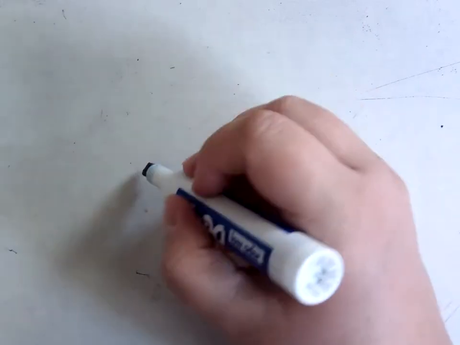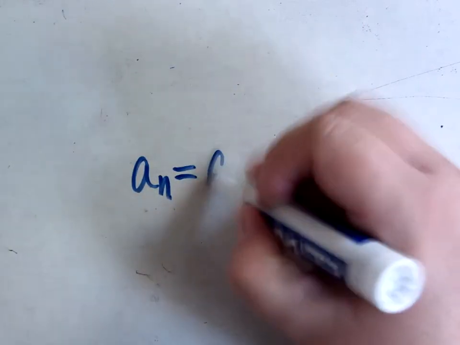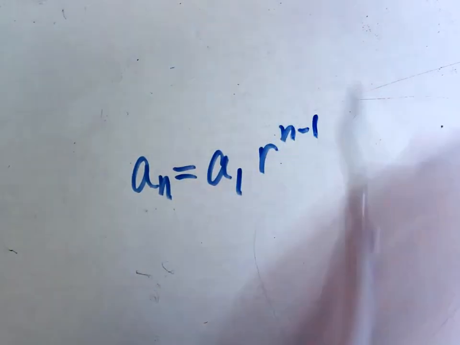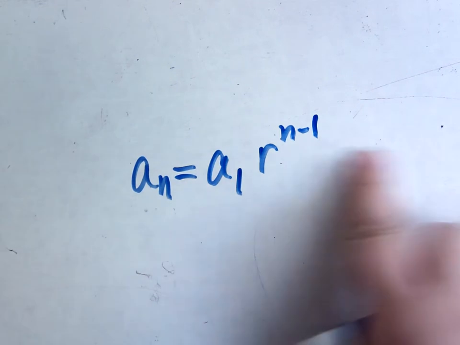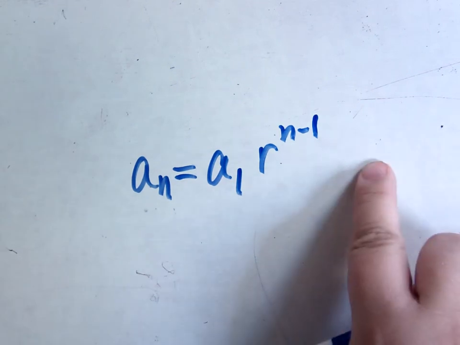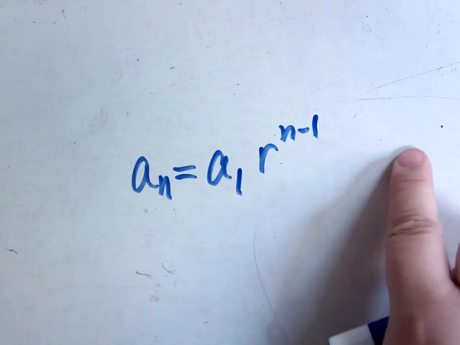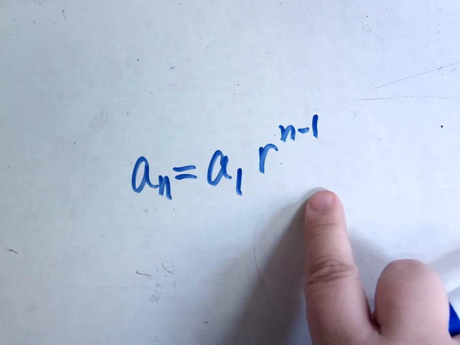Remember, a geometric sequence has this equation. There's no plus or minus anything in the back. There's no room for a vertical shift there, no place to account for that. So if we have a vertical shift, then the equation no longer fits this format.